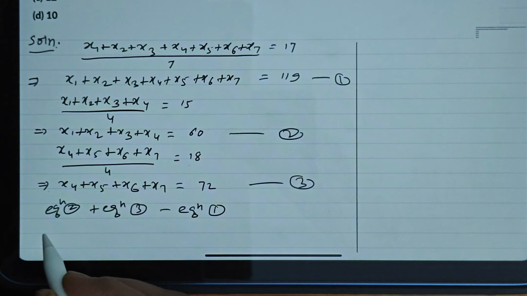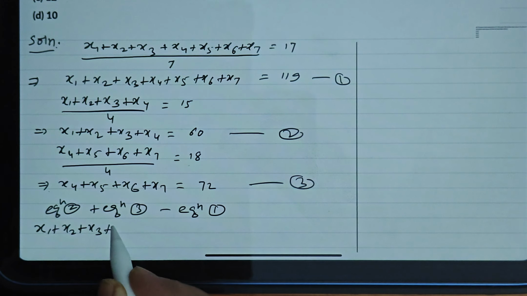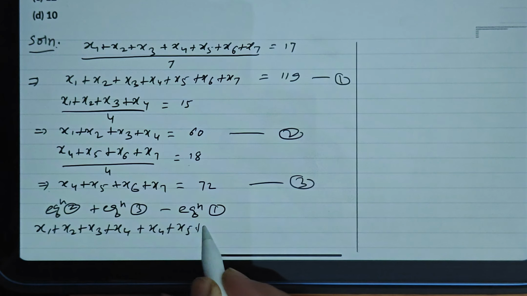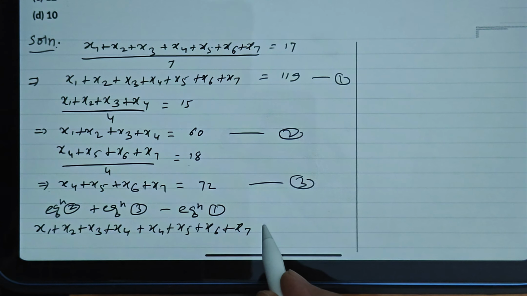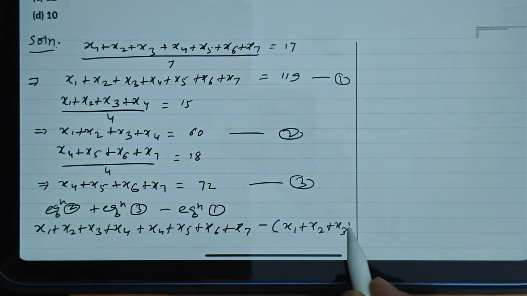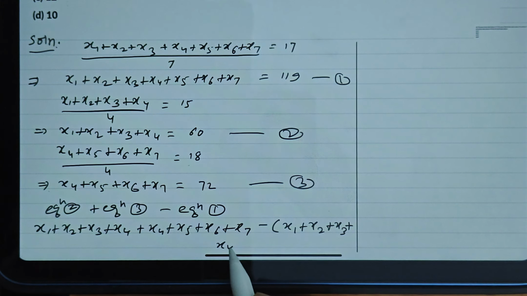So what will you get? Equation 2 plus 3 gives x1 plus x2 plus x3 plus x4 plus x4 plus x5 plus x6 plus x7, and minus, at the same time, the first equation, x1 plus x2 plus x3 plus x4 plus x5 plus x6 plus x7.